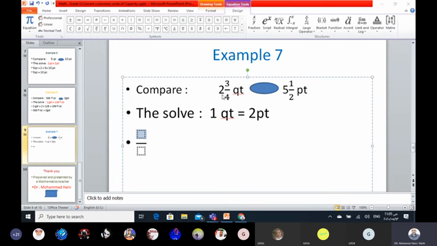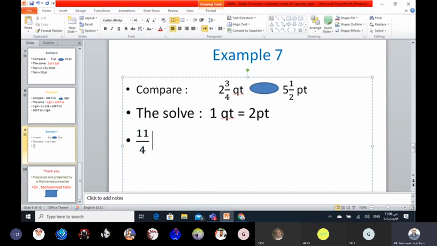How? 2 times 4 will be 8. 8 plus 3 will be 11. So here 11 over the same denominator, over 4. And here we have the unit QT, quart.